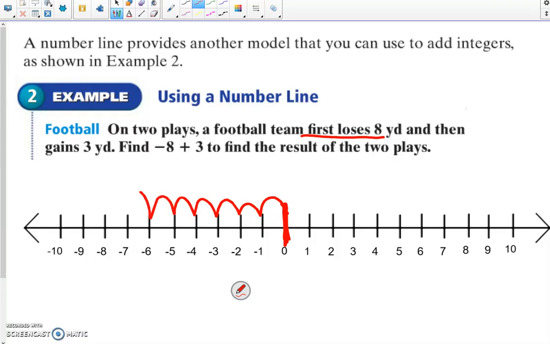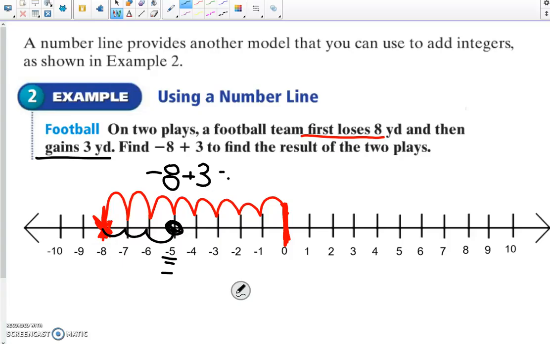Not a good thing. So now they're back here. Second down. Says they gained 3 yards. So if they're here and they gain, that means they go forward 1, 2, 3 yards. So they're finishing right here at -5. So that tells me that -8 plus 3 is -5.